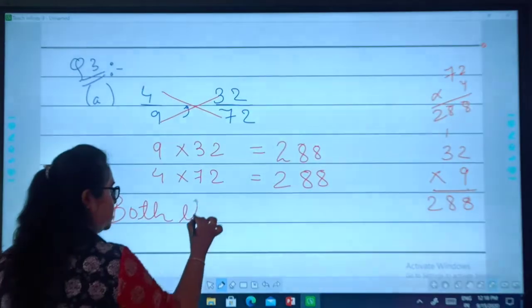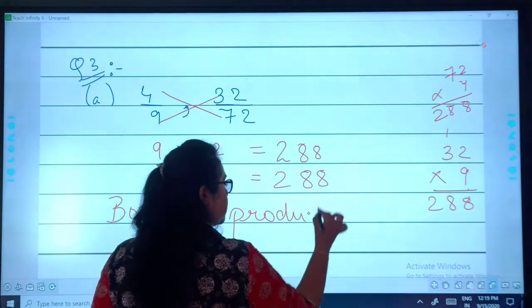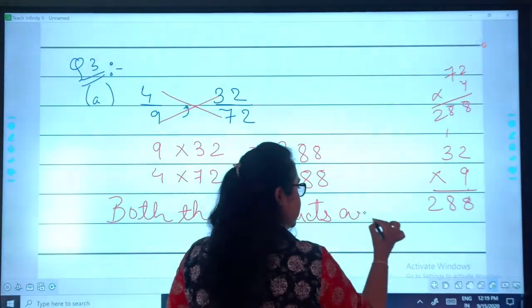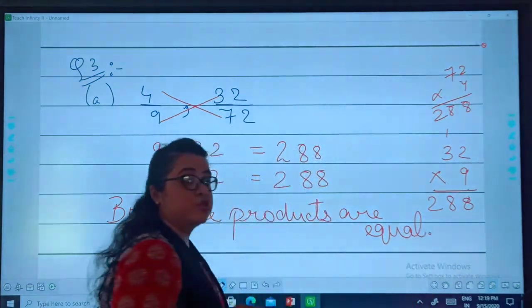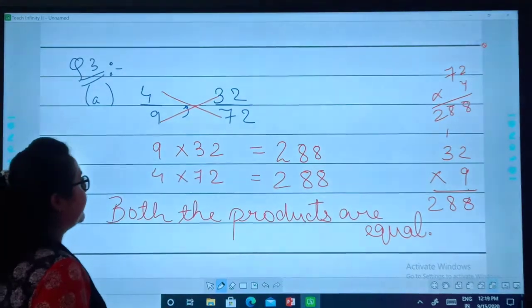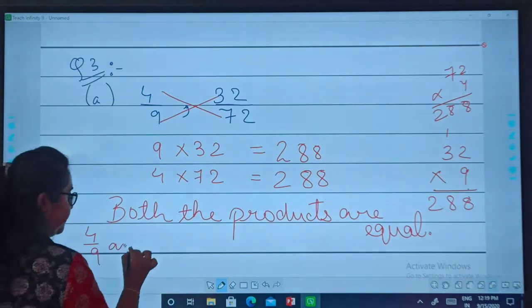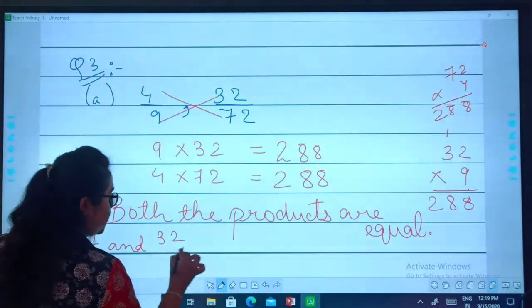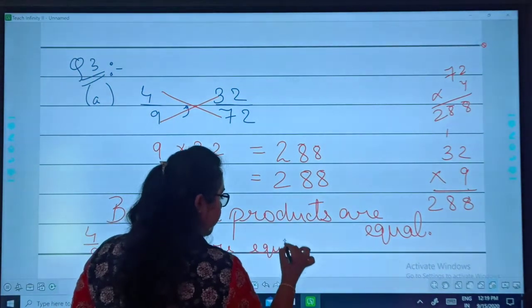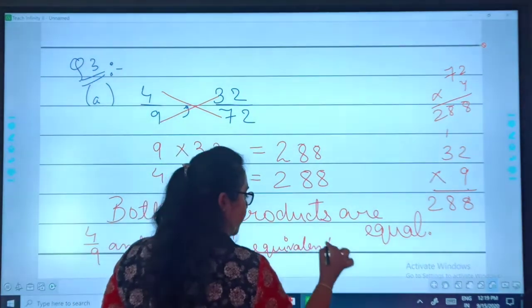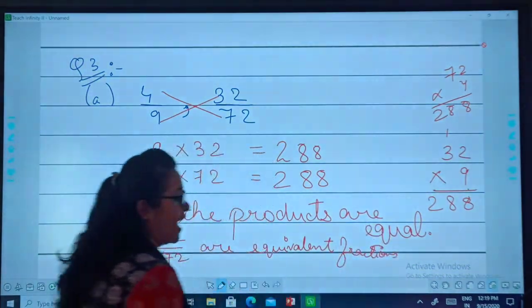Both the products are equal. So now these terms will be equivalent terms. So I will write this 4 upon 9 and 32 upon 72 are equivalent fractions.